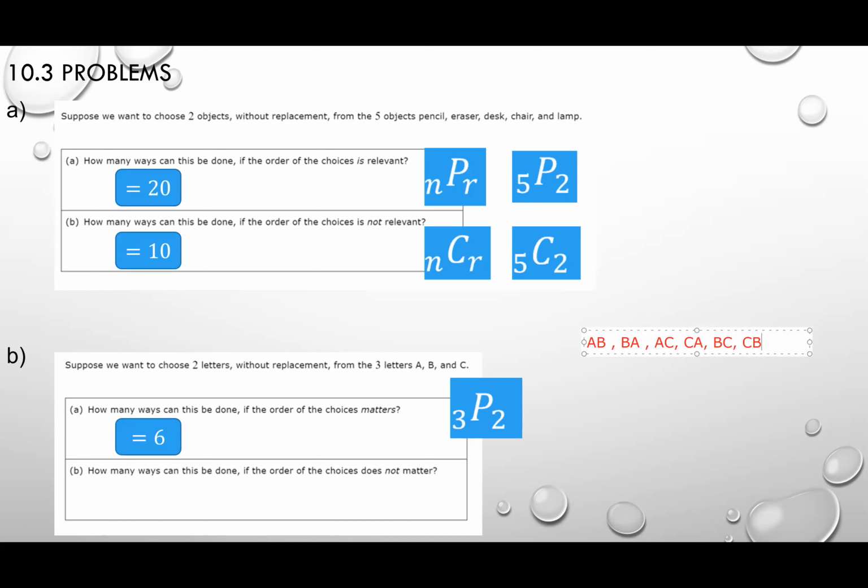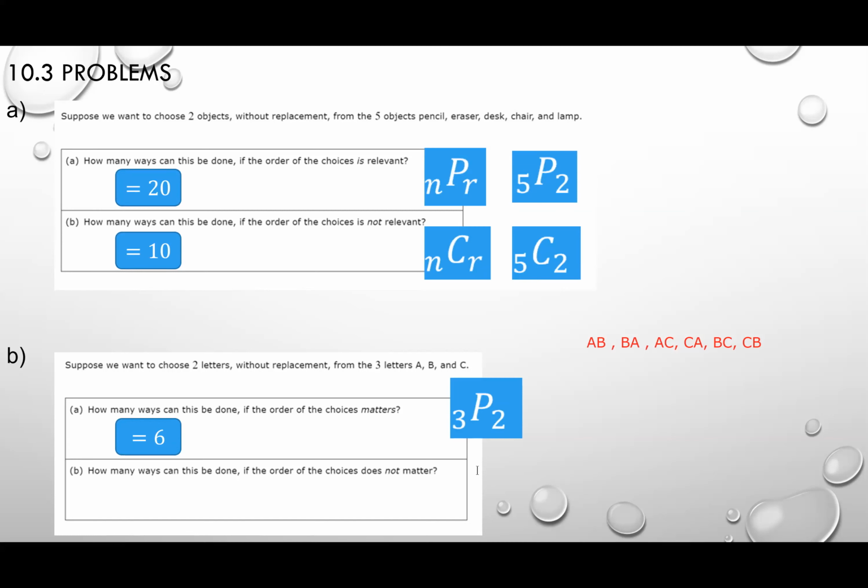So everybody see that this is what they ask you. You have 3 letters, A, B, and C, and you want to choose 2 of them where the order matters, meaning the first item is different from the second item. And in this case, I have 6 individual items: AB and BA, where A is first and B is first.